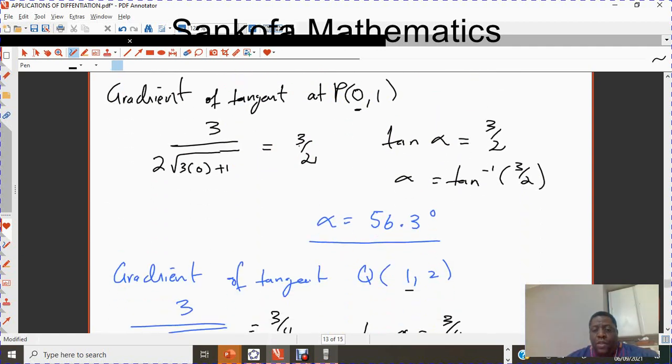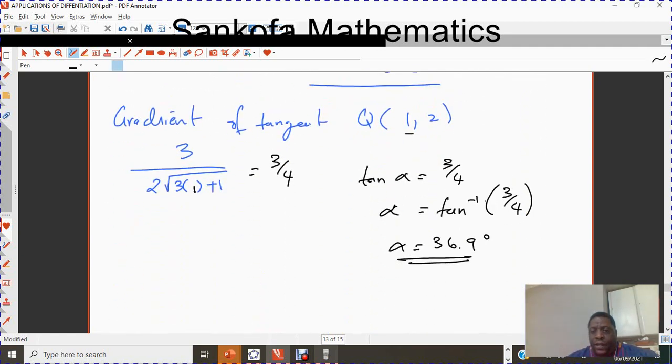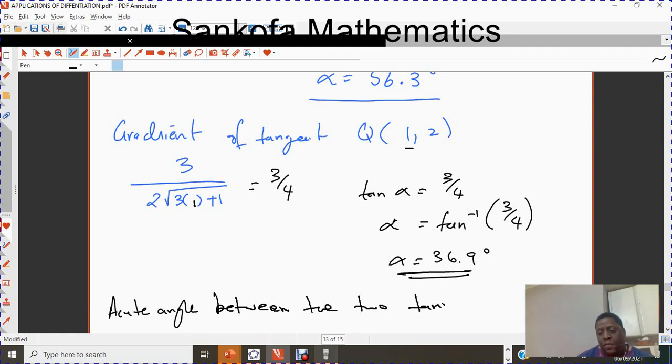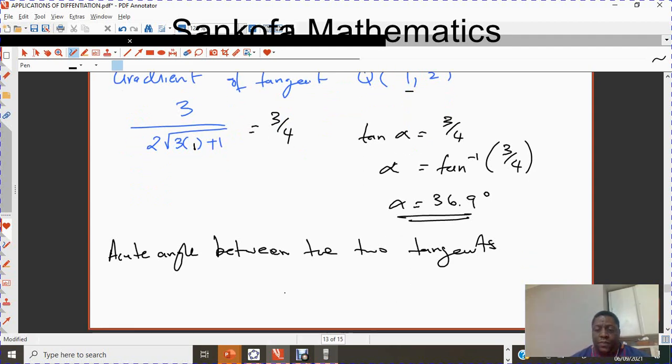Okay. So if I have to find that angle, the acute angle between the two tangents, okay, my handwriting is terrible, it will be 56.3 minus 36.9 degrees.